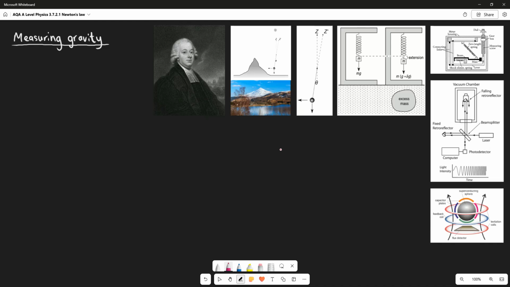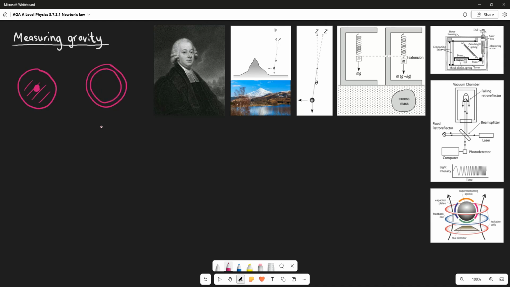Newton's law has also helped us to understand more deeply the structure of the Earth. We know that the Earth is a solid object with a very dense core. But another theory going around a couple of hundred years ago was that the Earth was essentially the crust with nothing in between. It was a hollow shell.